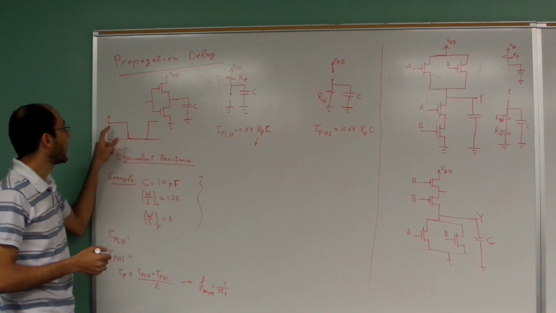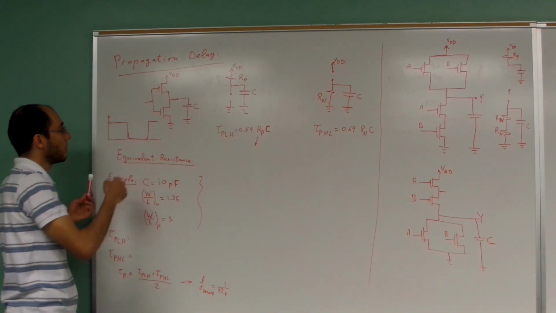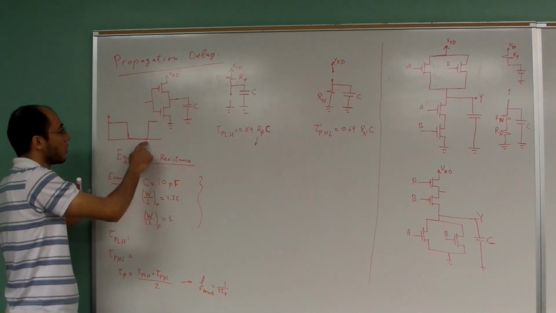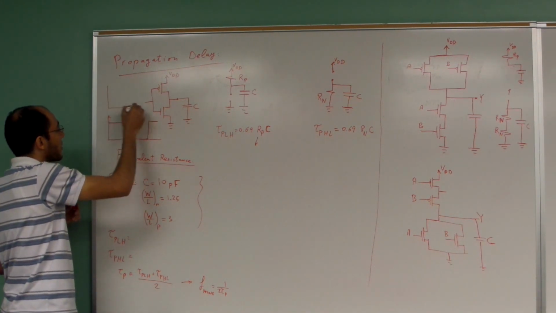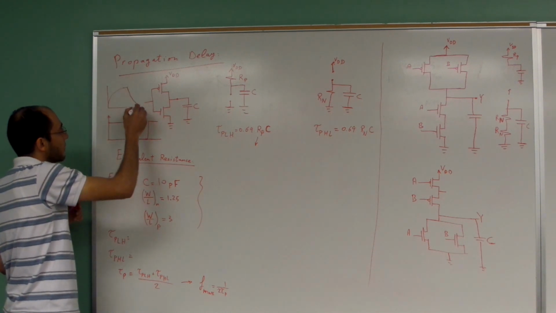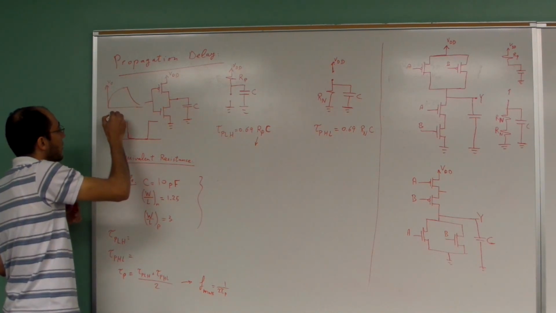So if you have an input that is a clock cycle, it goes from low to high, then from high to low, and so on, and you apply it to an OR gate, then you expect that the output is going to grow like that, and then go like this. So this is the output, and this is the input.